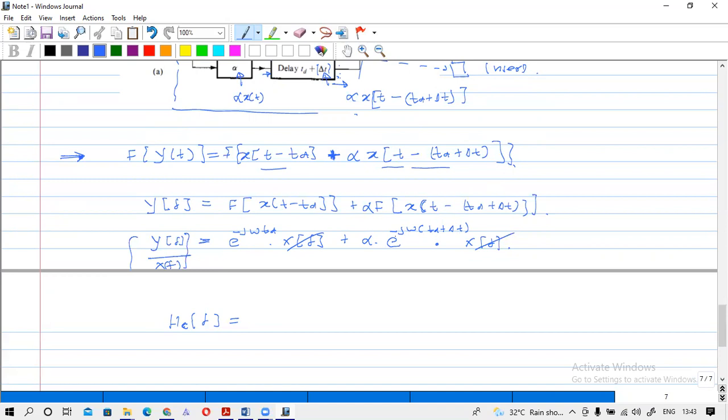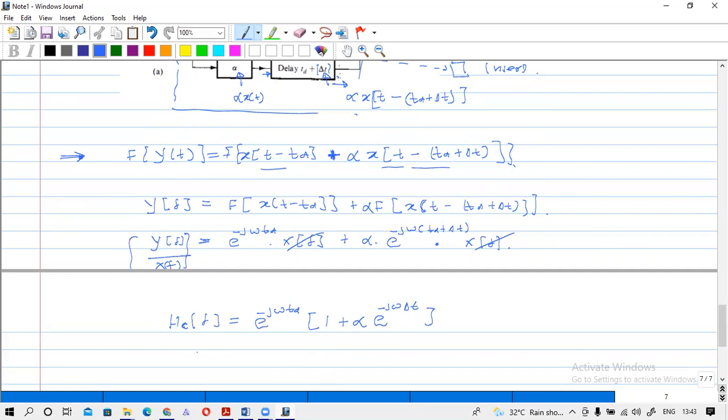And you can see that e to the power minus j omega td is common for both terms. So I take out this e to the power minus j omega td, and I will have 1 plus alpha e to the power minus j omega delta t.